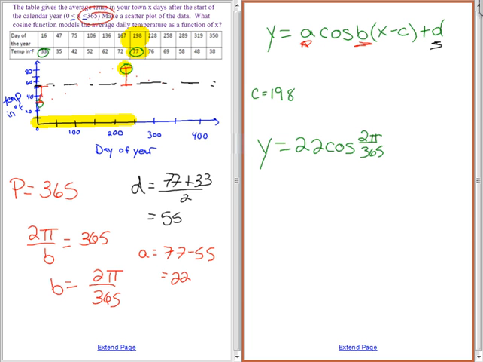Kind of weird, but that's how we write it. Because it's in radian mode, x minus my C plus my D. So now I can plug in any day I want for x over the course of this calendar, and it will give me the temperature, or approximately what it should be equal to.